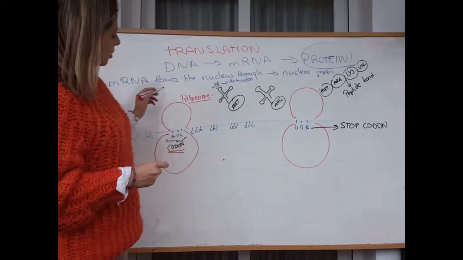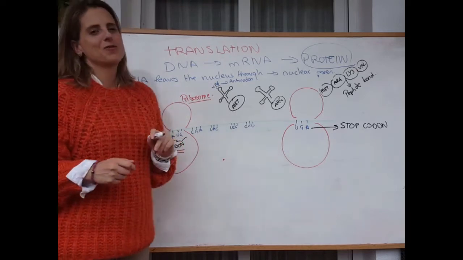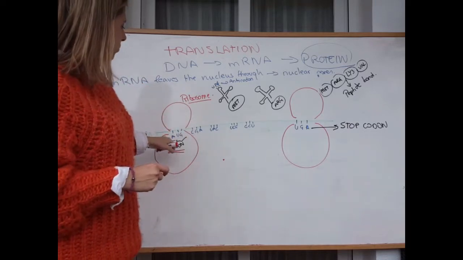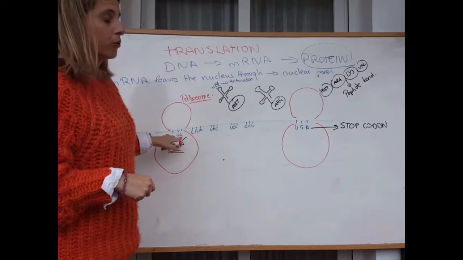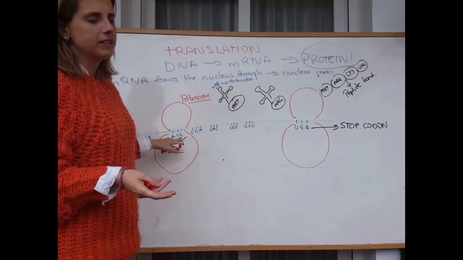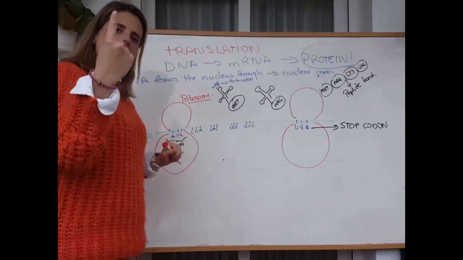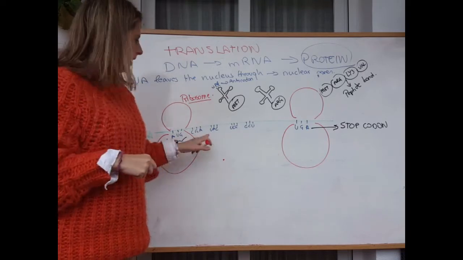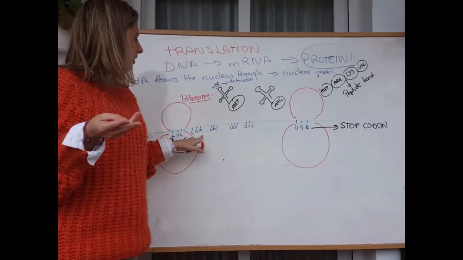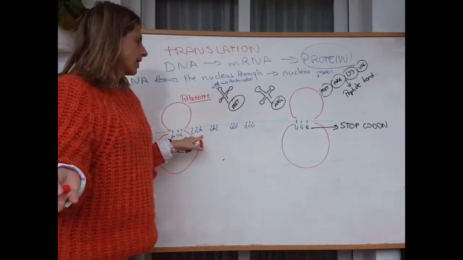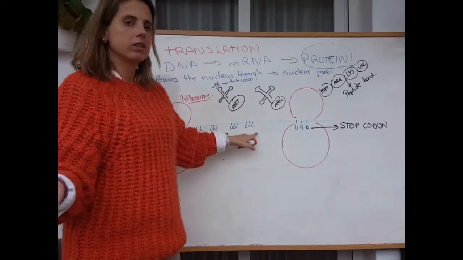Then something happens. The ribosome joins. And when we have this codon, these 3 nitrogenous bases are going to codify 1 amino acid. The next codon is going to codify another amino acid, and so on.